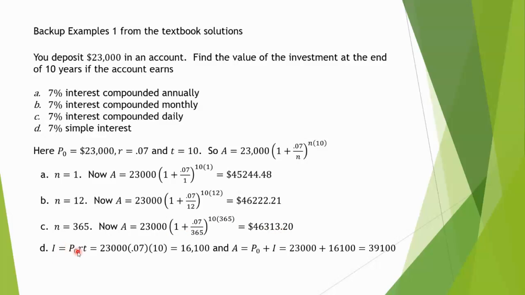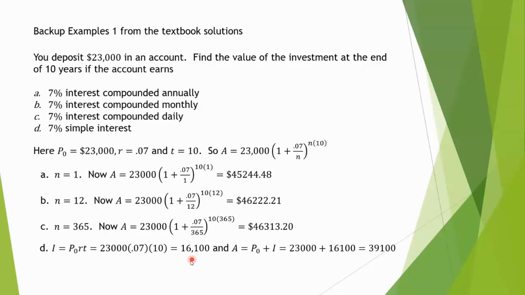For simple interest, there's no compounding. The total interest, capital I, is calculated this way. We got $23,000 times R, 0.07, times T, 10.